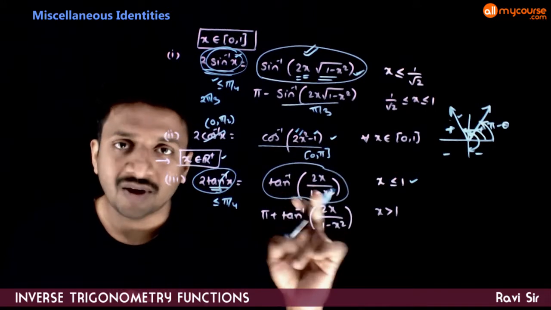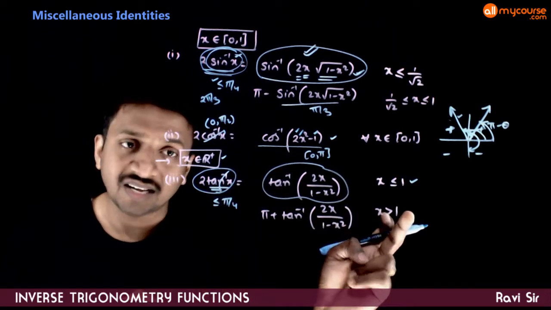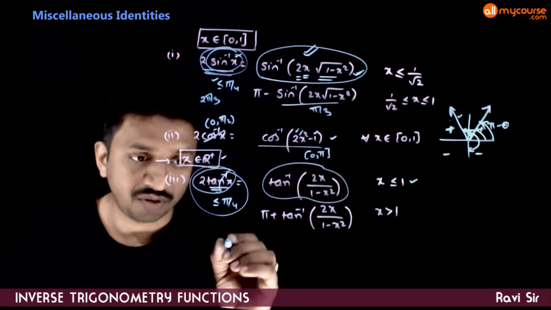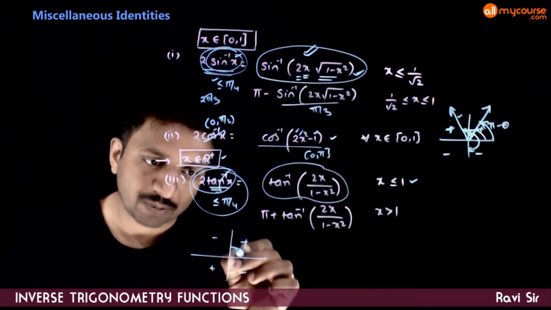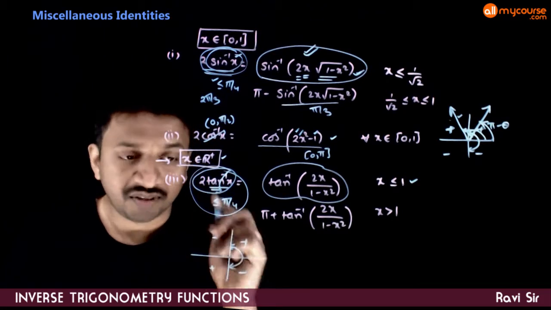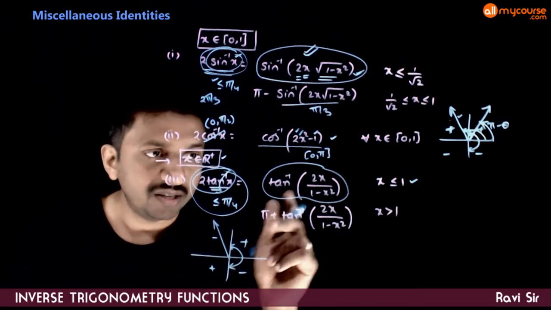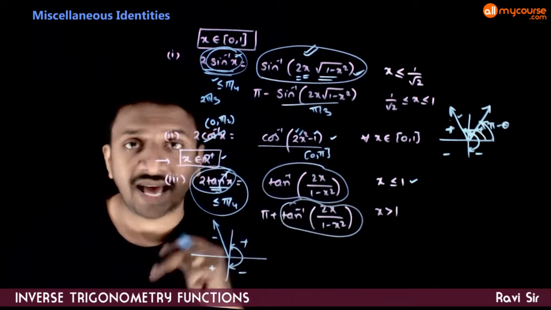2 tan theta by 1 minus tan square theta. Now if x is greater than 1, this number becomes more than pi by 2. So if you draw the quadrant diagram for tan inverse, plus minus plus minus. Now if the LHS is more than pi by 2, this formula will give you an allied angle.